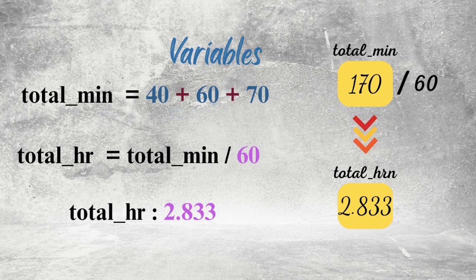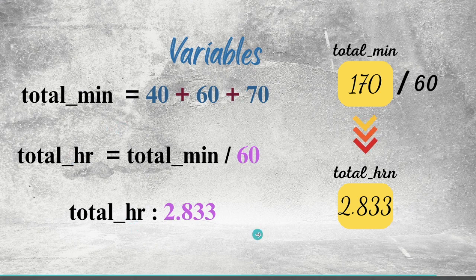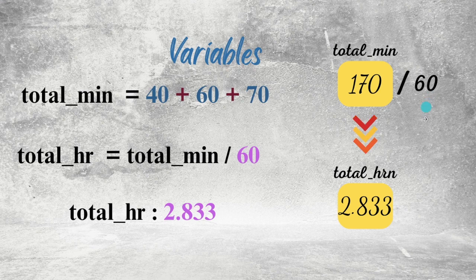It's customary to use an underscore or a capital letter to signify the beginning of a new word. The variable that holds the total number of hours is referred to as total hours. By dividing the total minutes by 60, we may determine how many hours there are in total, in this case around 2.833 hours.